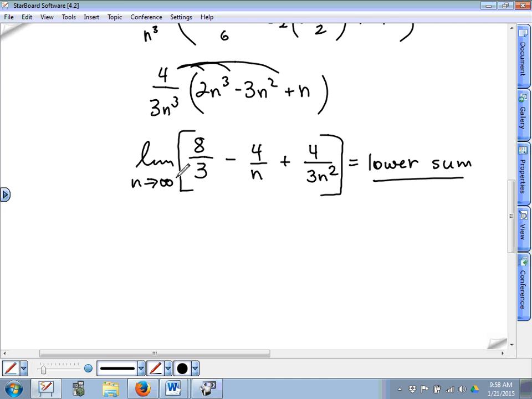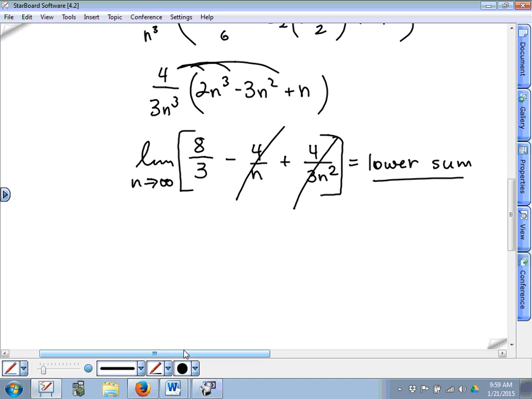This limit you guys can actually do. This isn't that hard. There's nothing to plug into here, so that just stays 8 over n. What happens to 4 over n if n approaches infinity? You guys know this. The value gets smaller and smaller until eventually it's 0. What about 4 over 3n squared if n approaches infinity? That goes to 0.